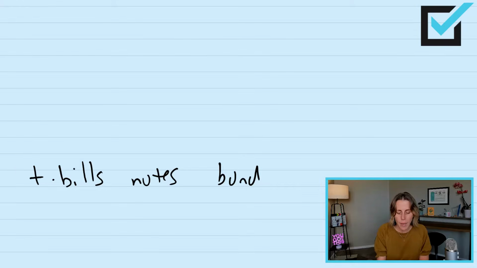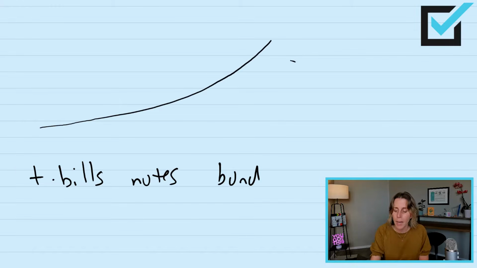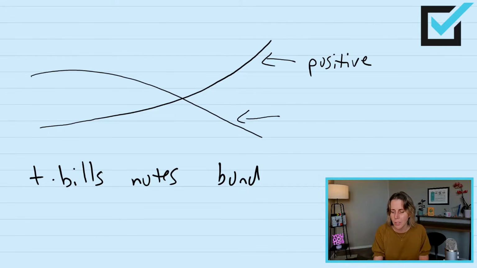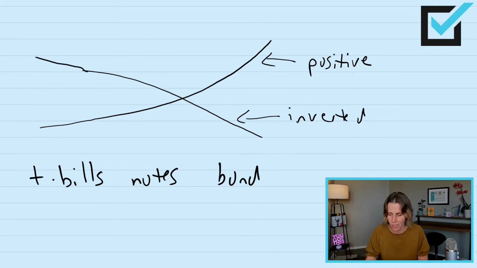When we have a yield curve that goes up, this is called a positive yield curve. And when we have a yield curve that goes down, this is called an inverted or negative yield curve. I'm a horrible drawer. I have no artistic skills at all. Inverted yield curve.